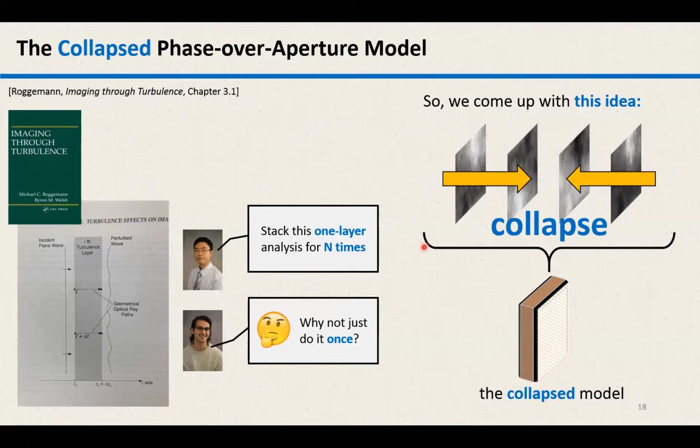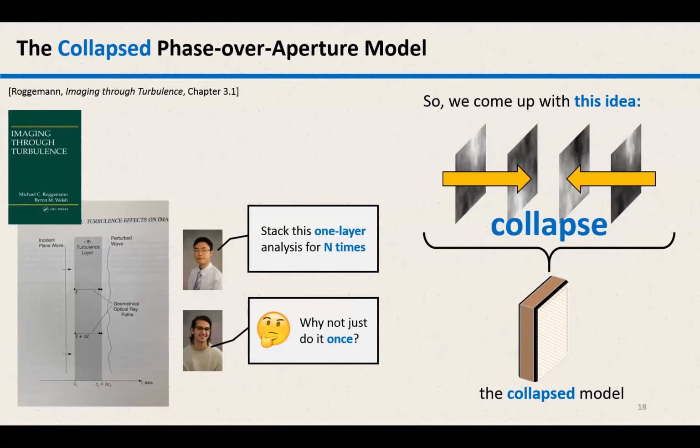Now you may wonder, how can this ever be possible? You have 10 screens, how can you just use one screen? The key enabler of this idea is that for every point on this collapsed model, if you can carefully assign the phase to every pixel, you are actually able to reproduce exactly the original model.